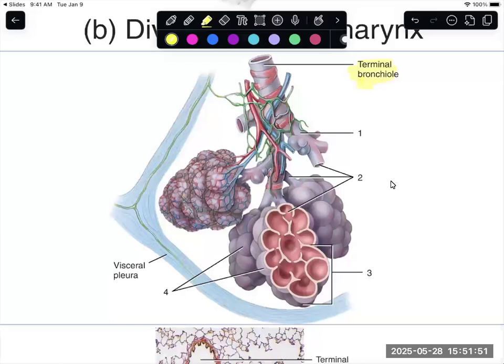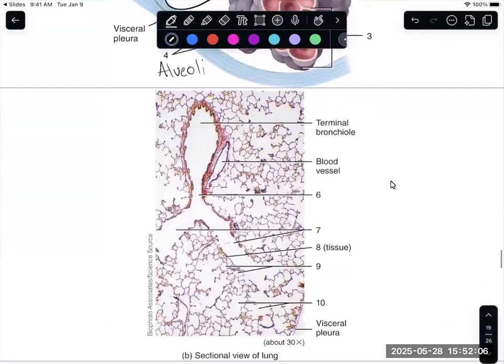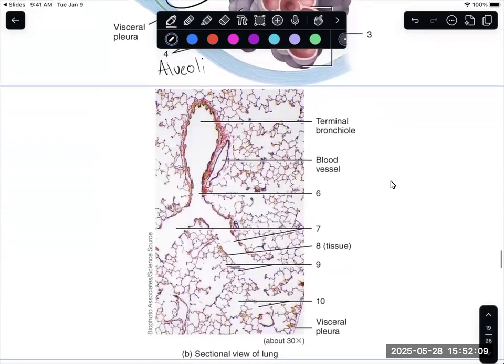They're kind of branching out to these little sacks of grapes. And these sacks of grapes are giving us our alveoli. So here we can see, even through histology pictures, you can see those terminal bronchioles coming down.